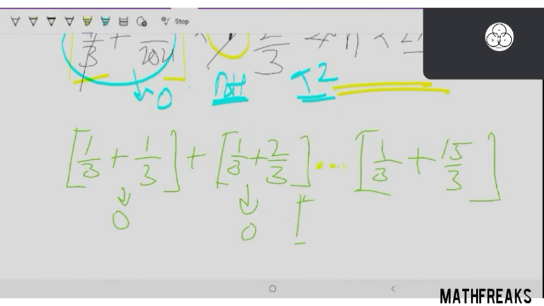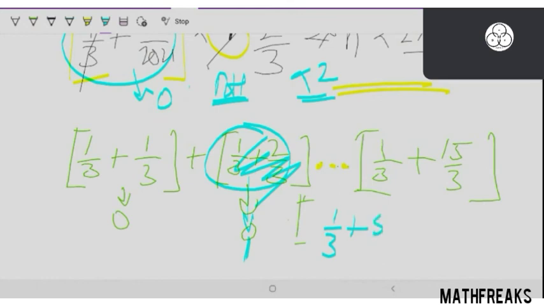Okay, so on. 3 dots are there. This term will be equal to 1 by 3 plus 2 by 3. Now you just see 1 by 3 plus 2 by 3, 3 by 3, up to what? Up to 5 by 3. 5 by 3 will be what? 5 by 3 will be 2.